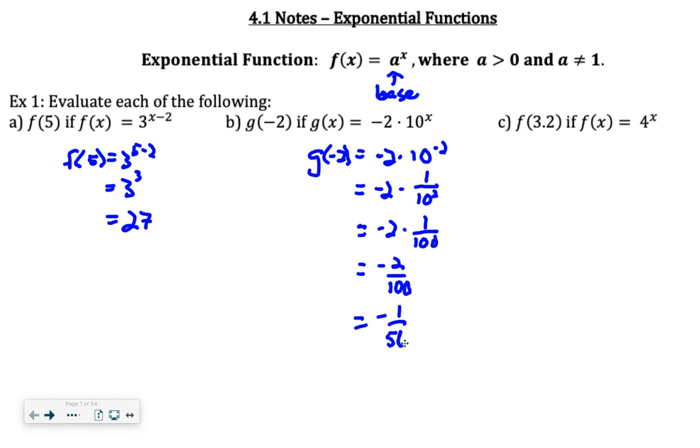And our final example, we've got f of 3.2. So we can have powers that aren't whole numbers, right? So 4 to the 3.2 power. We'll have to use a calculator for that, right?